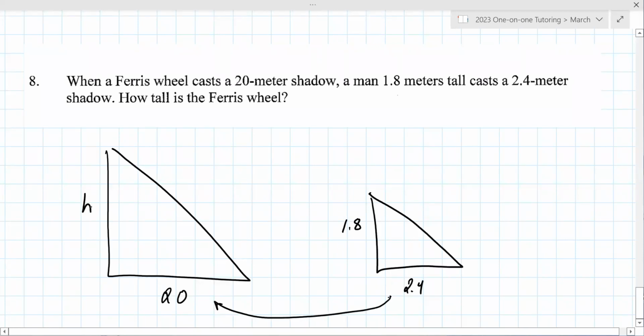You're looking for the height of... Okay, 2.4. Yeah, I wrote this all wrong. Okay. So 2.4. 20 divided by 2.4.